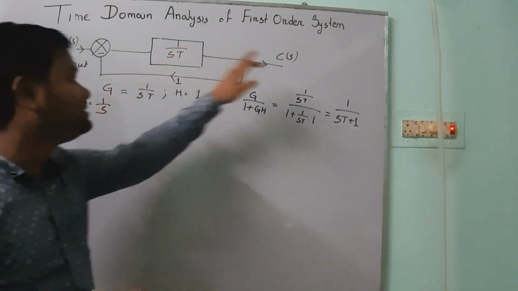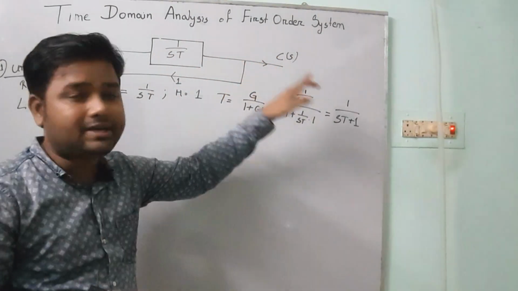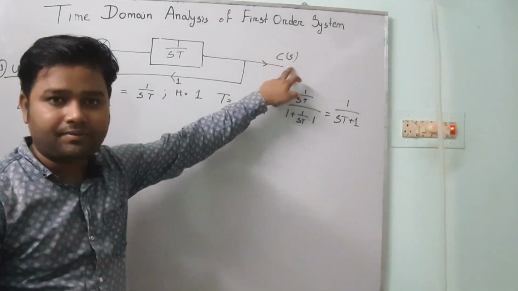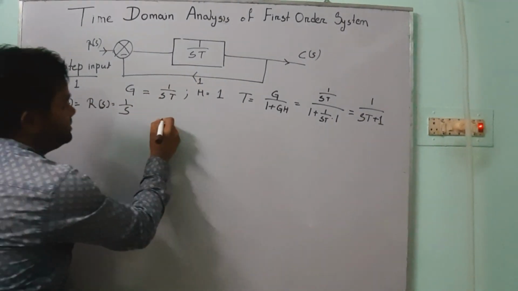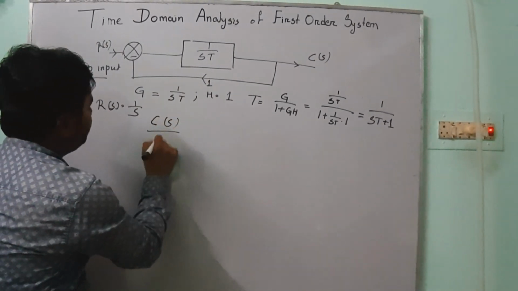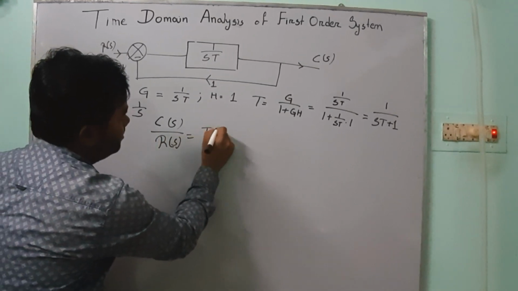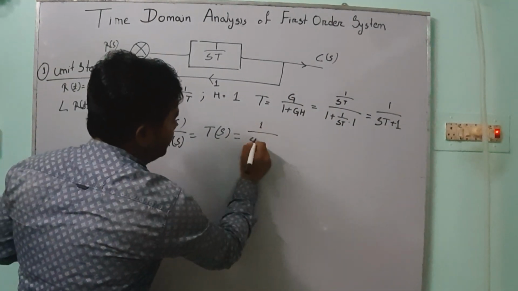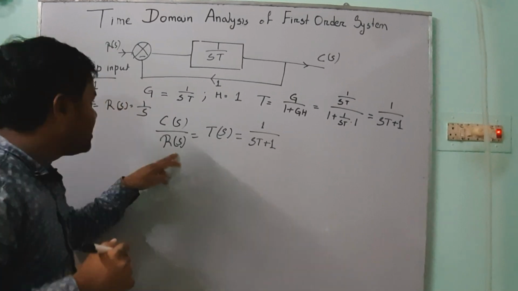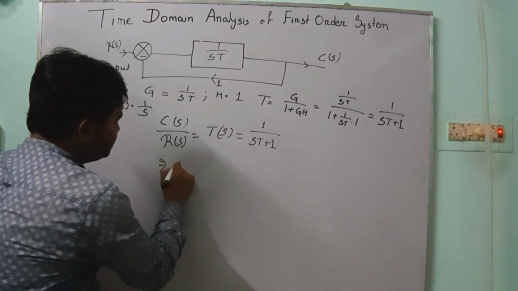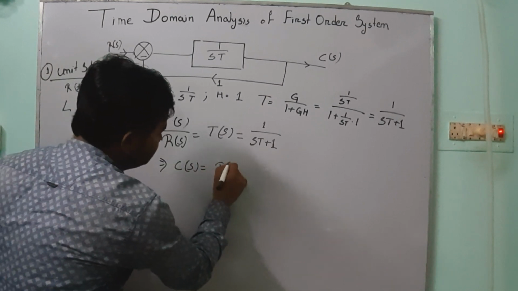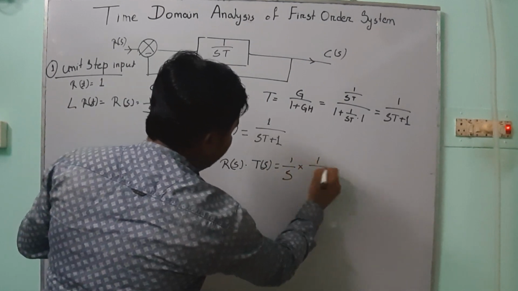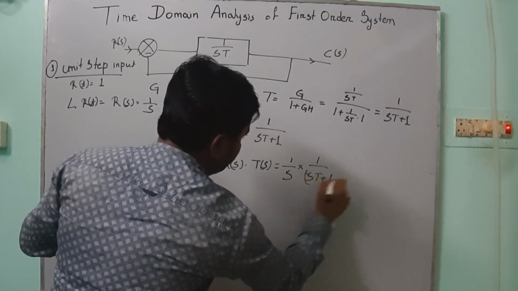We have to find the output of the transfer function, that is C of t. We are getting C of S here. By taking the inverse Laplace transformation, we can get C of t. So first we will find C of S. We know the formula, C of S by R of S is equal to the transfer function, which is 1 divided by sT plus 1, and R of S is equal to 1 by S. That implies C of S is equal to R of S into T of S, which is 1 by s into 1 by sT plus 1.